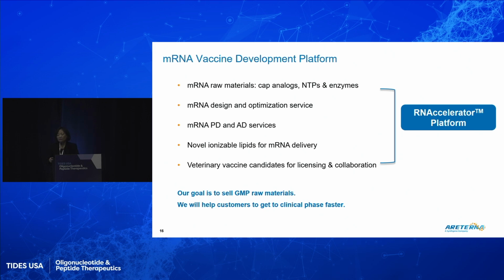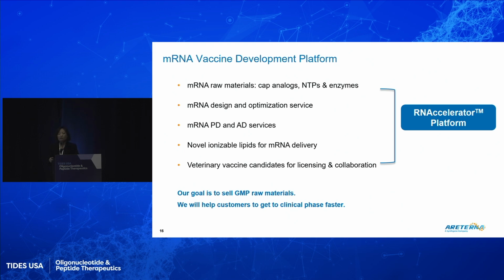We also have our own ionizable lipid and also a screening plate for you to screen the lipid with. We actually developed about six to seven veterinary vaccine candidates, ready for licensing and collaboration with clients.